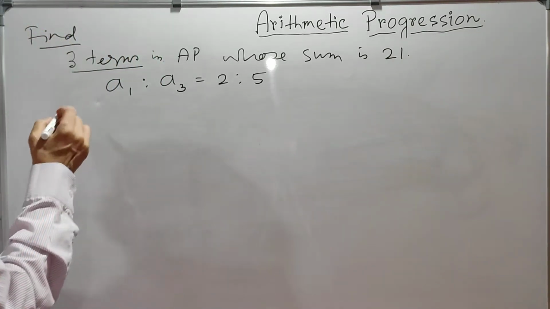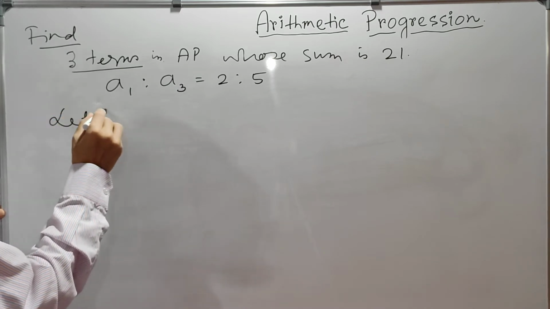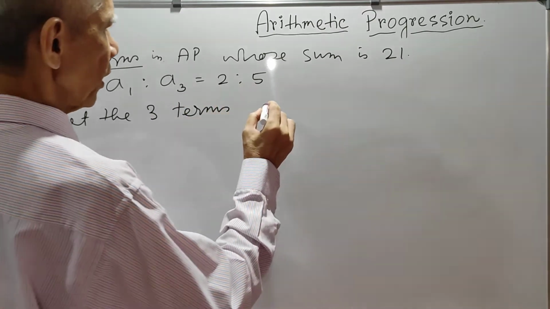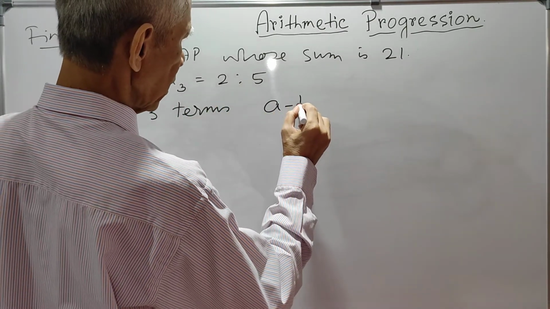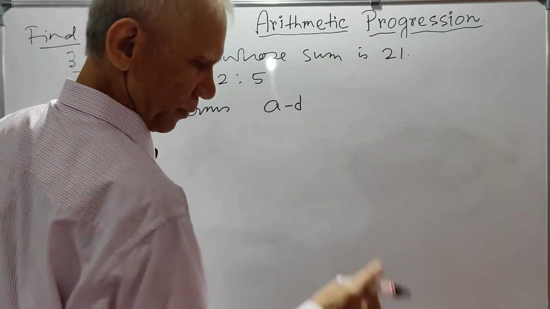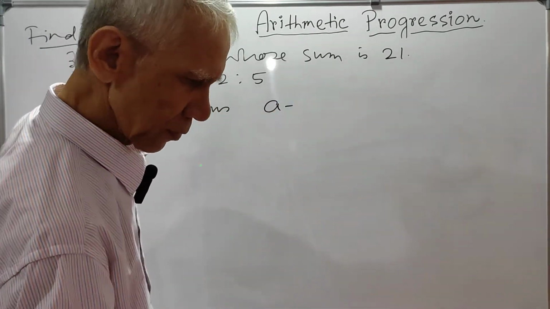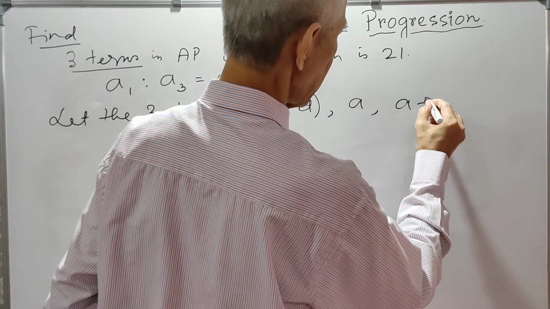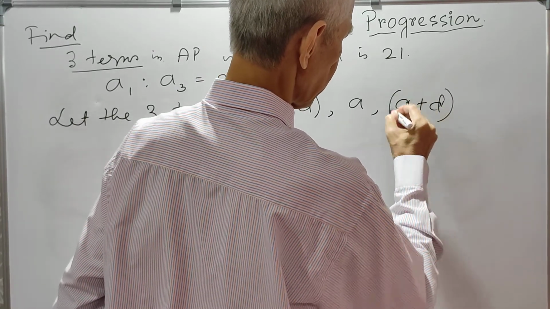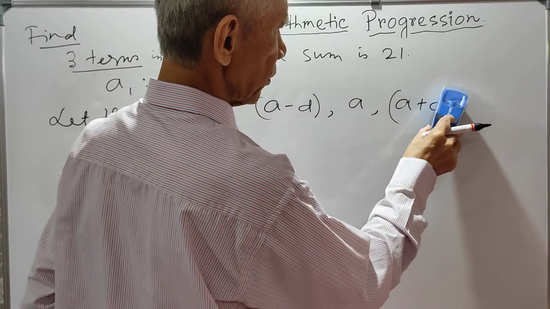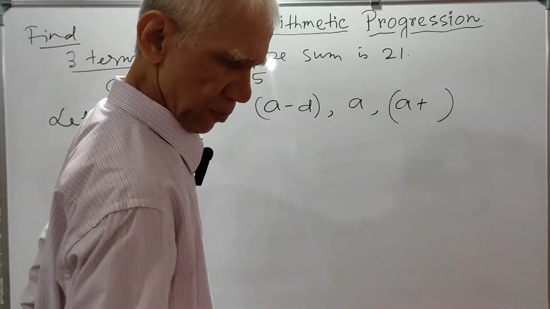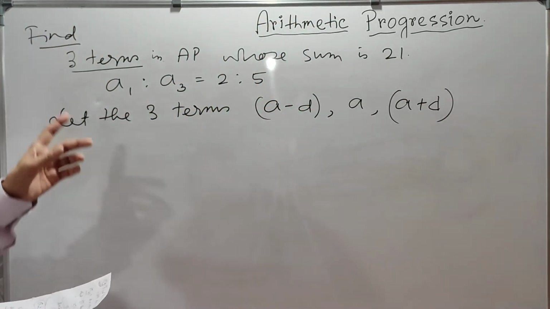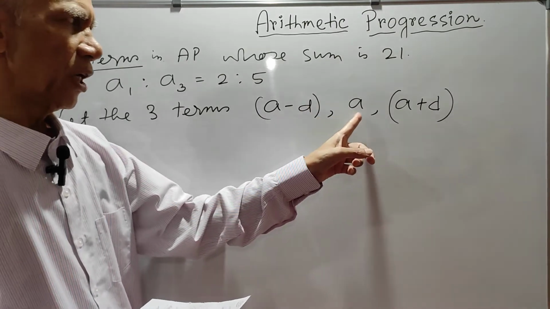Let the three terms in AP be A minus D, A and A plus D. You have to remember this point: to find three terms in AP, always assume this.